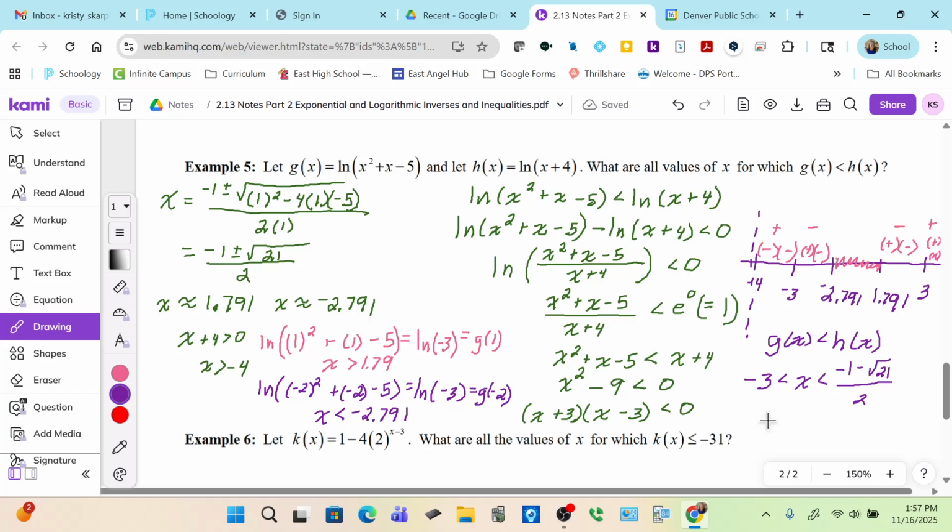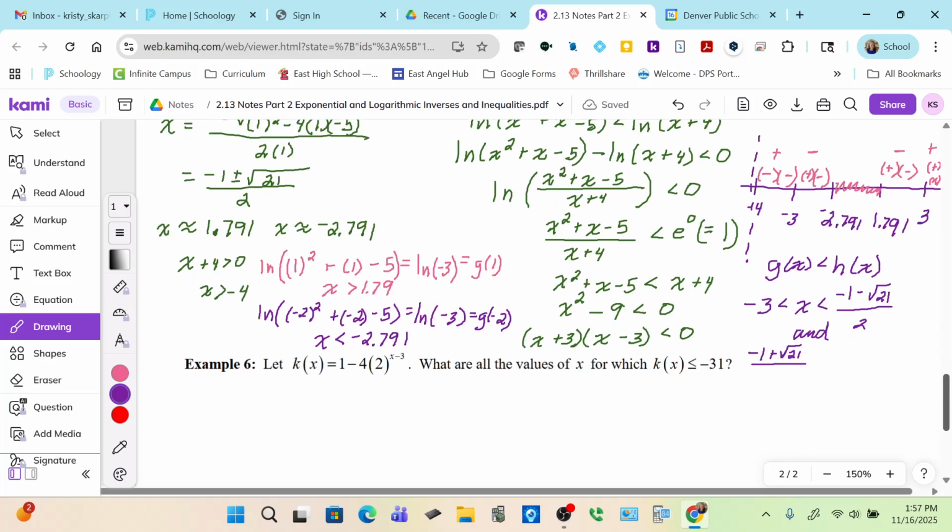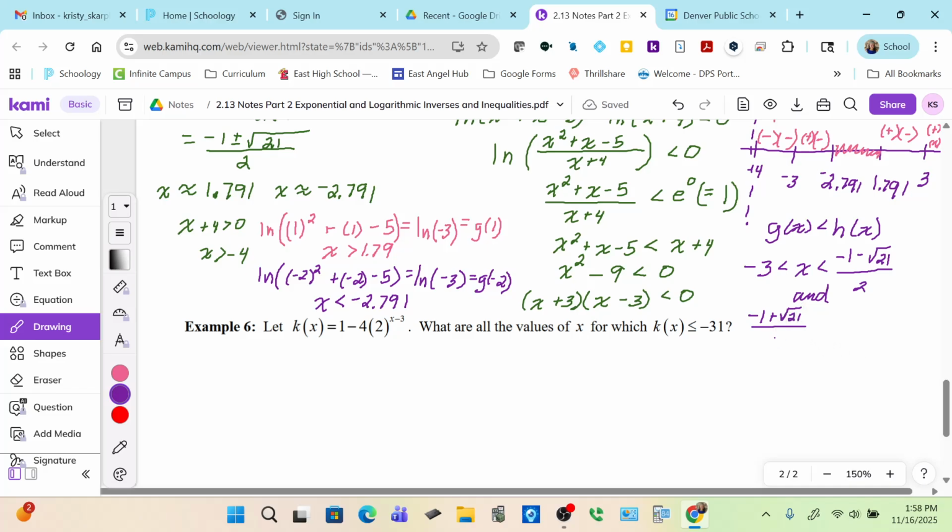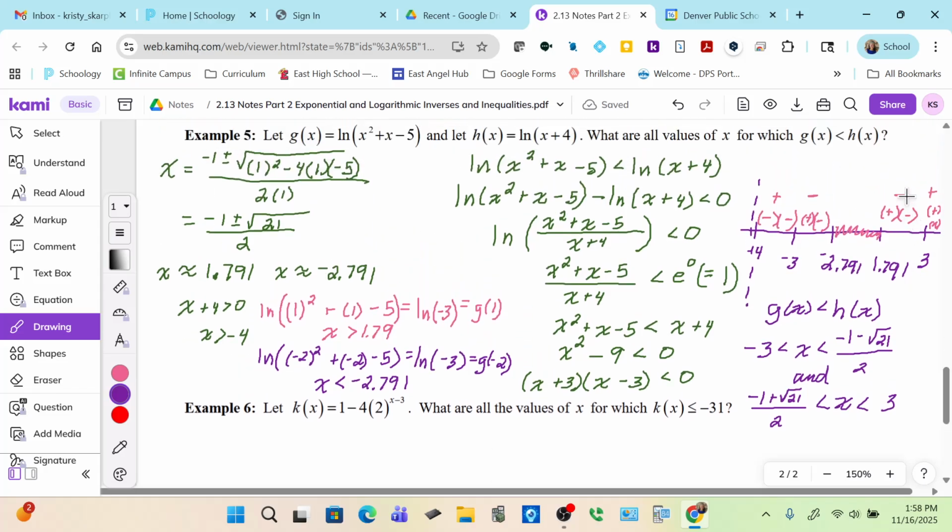But our other interval is from negative 1 plus the square root of 21 over 2, less than x, less than 3.